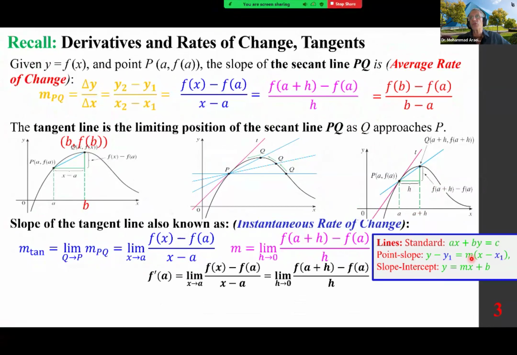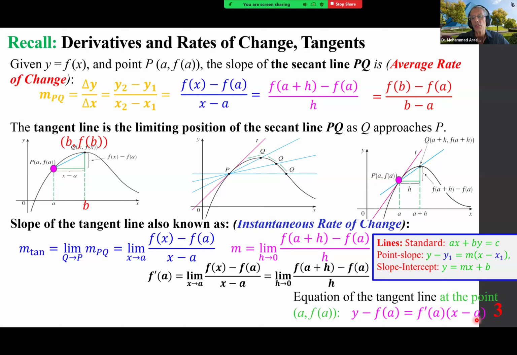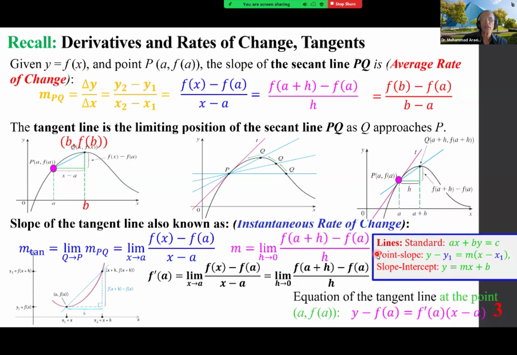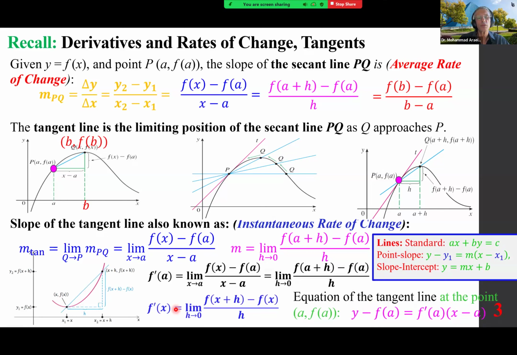These are various forms of lines. If we use the point slope form at the pair (a, f(a)), it gives rise to the equation of a tangent line: y minus f(a) equals f prime of a times (x minus a). You don't have to memorize it, stick with the point slope. If we generalize this and say it's (x, f(x)), and this distance is h or delta x, then we have the differentiation formula: f prime of x is the limit of (f(x plus h) minus f(x)) over h as h approaches 0.